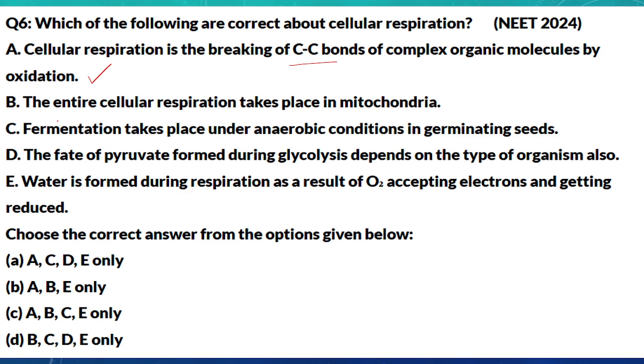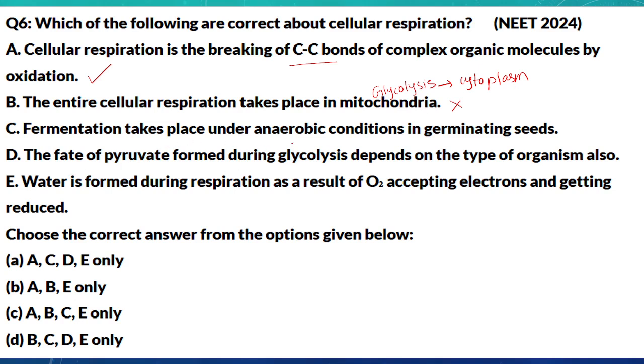Option B, the entire cellular respiration takes place in mitochondria. It is not the correct one. One part of the respiration takes place in cytoplasm, that is glycolysis. Glycolysis takes place in cytoplasm, and the remaining respiration takes place in mitochondria.